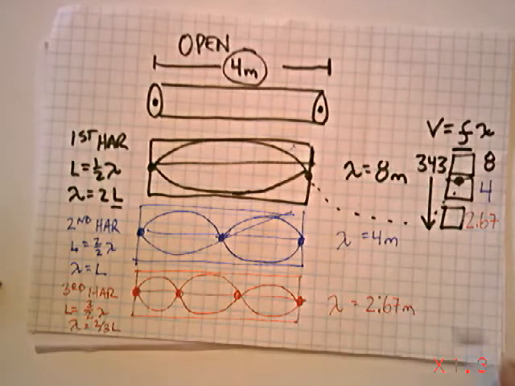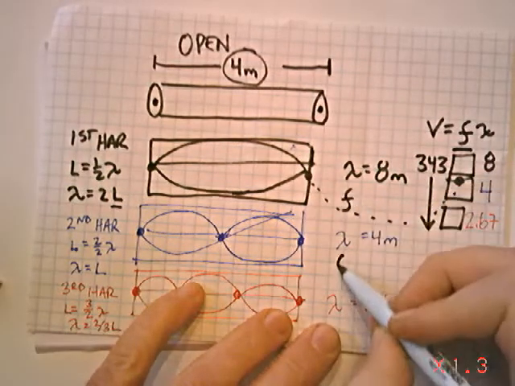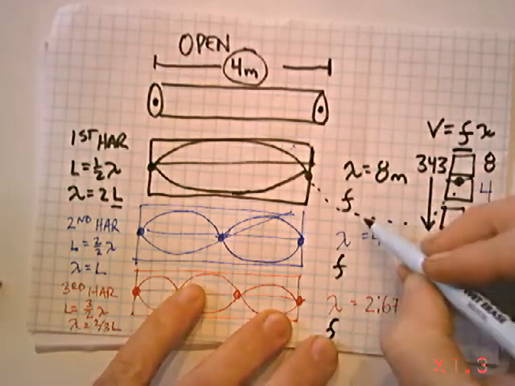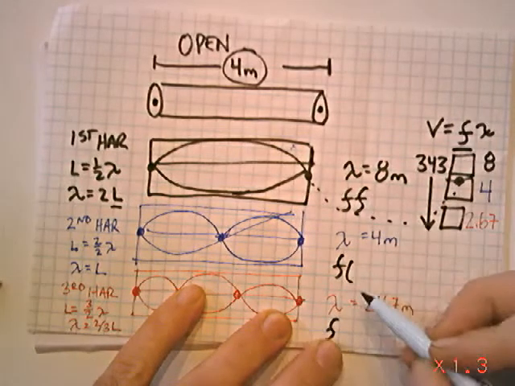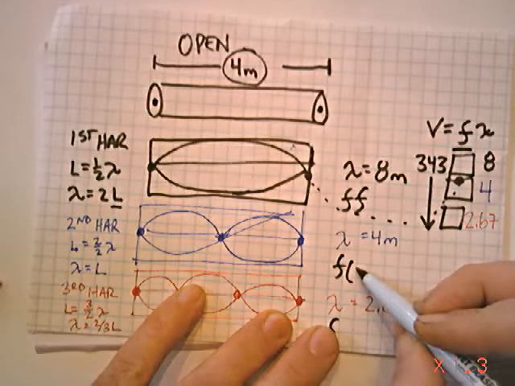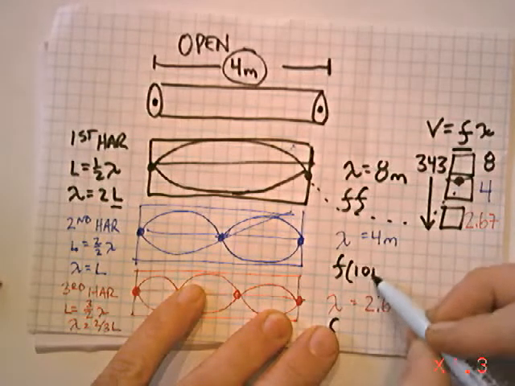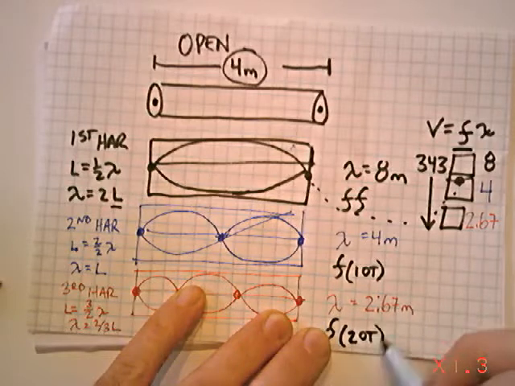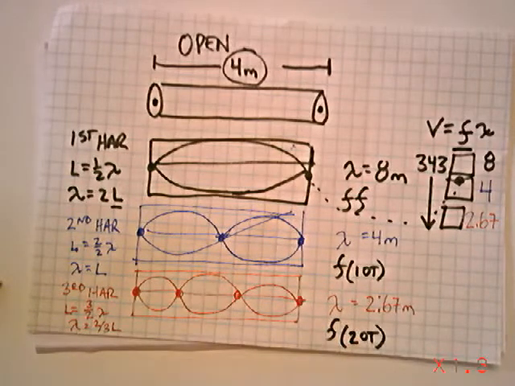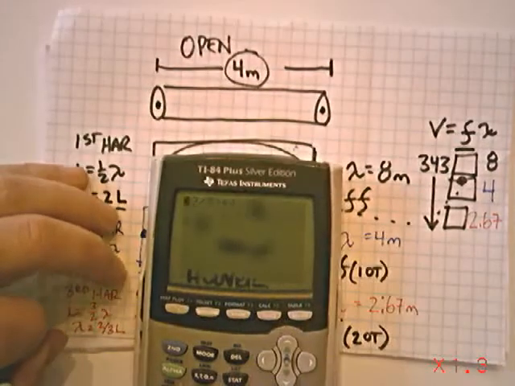Now these 3 frequencies have names. We can call the first one the fundamental frequency. We can call the second harmonic's frequency the first overtone, and we can call this one the second overtone. So the third harmonic is the second overtone, and that's really no different than what we saw yesterday.